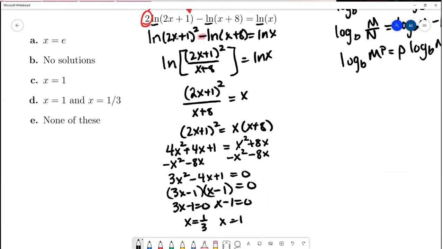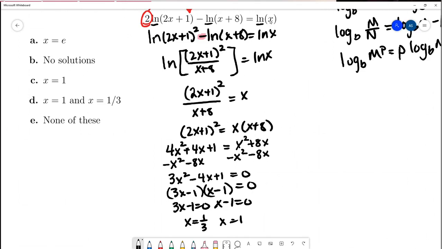So if I were to substitute a 1 in for x, that would be 2 times 1, which is 2, plus 1. That is a positive number. Log of a positive number is defined. If I substitute a 1 in for x in the second expression, 1 plus 8 is 9. Log of a positive is defined.